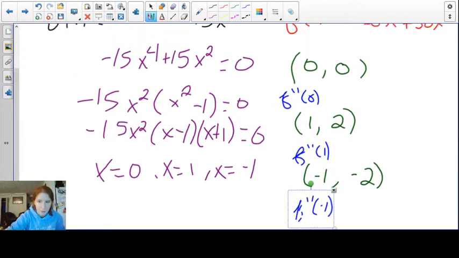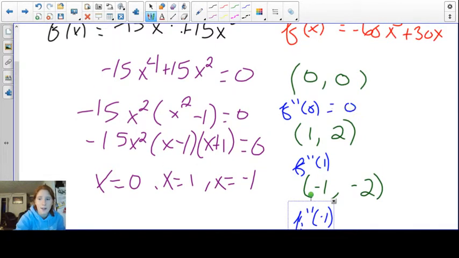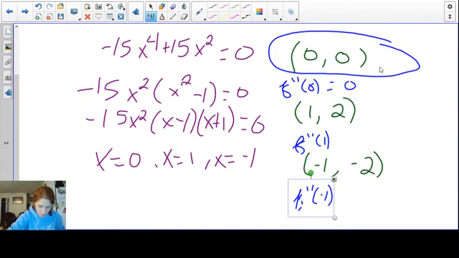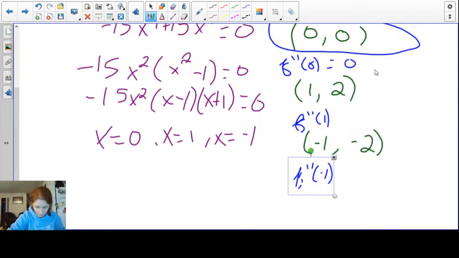So when I plug in 0, I get 0. So nothing happens at that point. That's just a specific point. When I plug in 1, I get negative 30. So this is a relative maximum, or just a maximum.